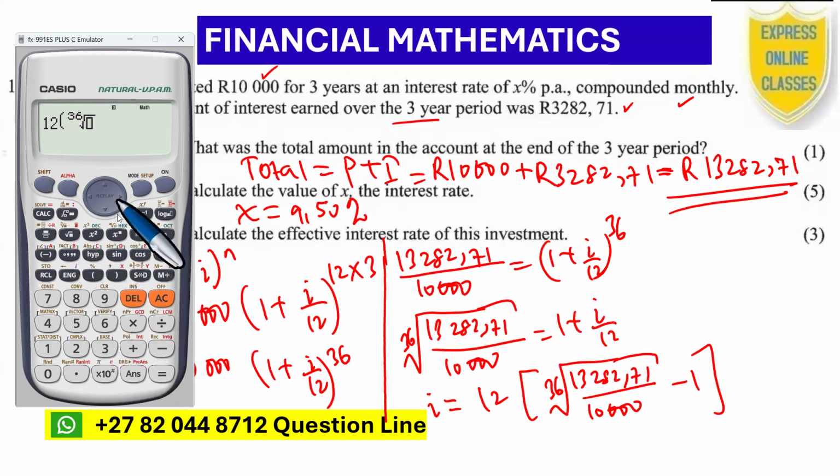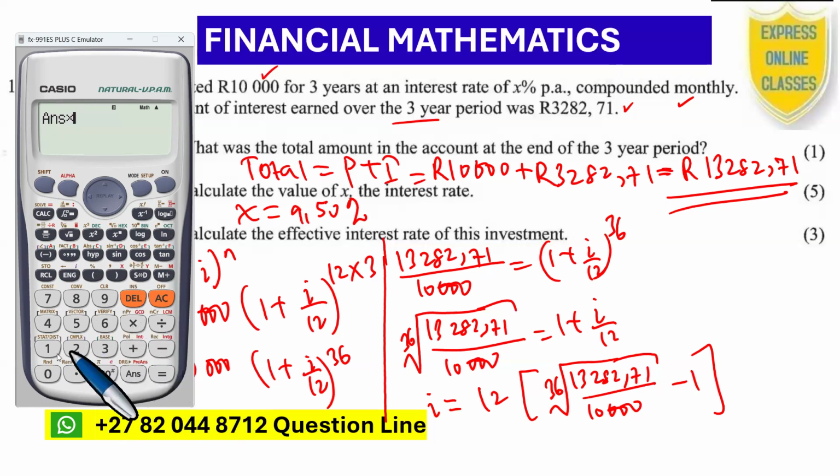Punching in a 36, and then 13,282.71, you divide by 10,000, and you subtract 1. Close bracket. We get exactly this value here.